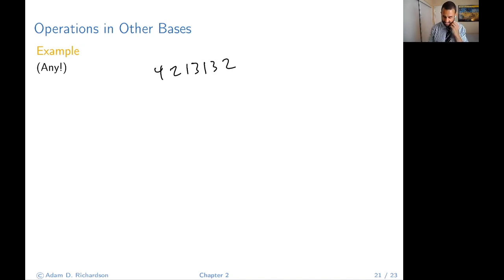And then let's take away 3, 1. Actually, no, I don't want that to be negative. Let's do 1, 1, 2, 3, 2, 1. That'll work. And these are all in base 5.